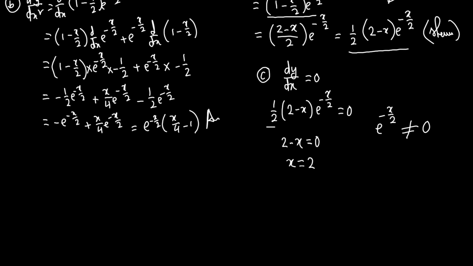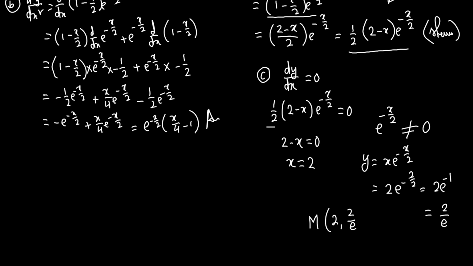Putting x equals 2, it becomes 2 e to the power minus 2 by 2, which is 2 e to the power minus 1. We can also write 2 by e. So the coordinates of M: the x value is 2 and the y value is 2 by e. This is our stationary point at M.